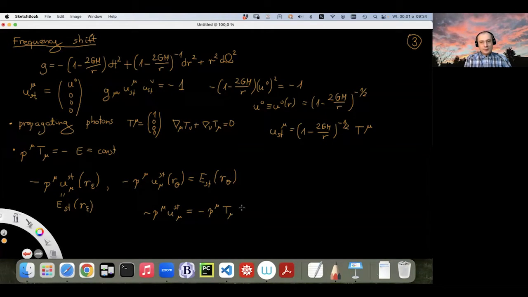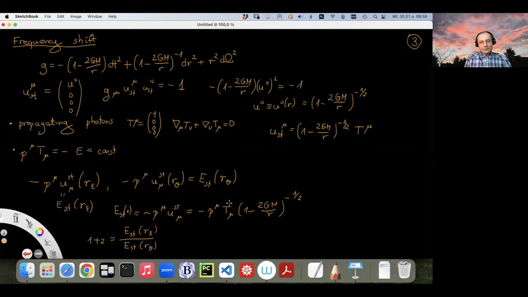So this is T^μ times (1 - 2GM/r) to the minus 1/2. And that's the energy at radius r. This guy is conserved. So when we calculate the ratio, the redshift is defined as the ratio of the energy measured by the stationary observer at the emission point divided by the same thing at the observation point.